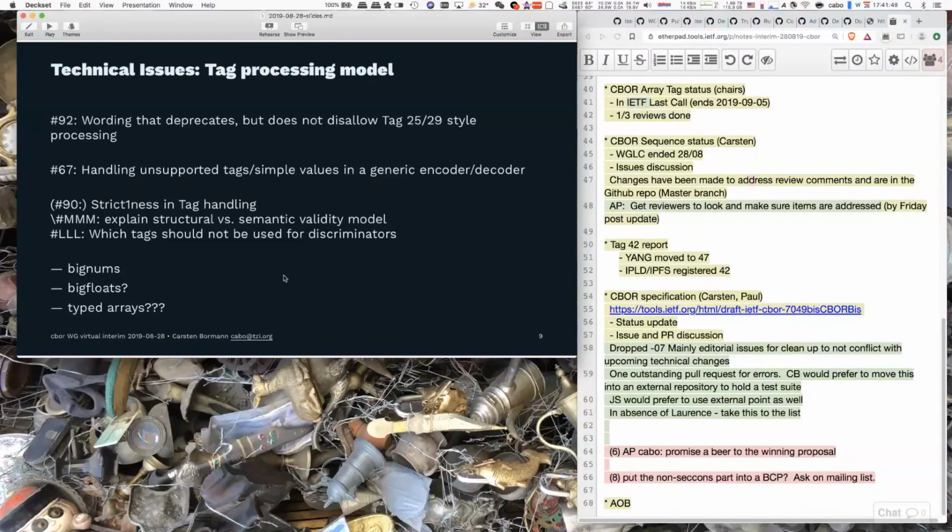Big num is a bad tag to use as a discriminator in this sense. And I think we need to say something about that. In particular for big nums, because it's coming up now. But maybe also for other things like big floats or even for typed arrays, it might be useful to say something about that.